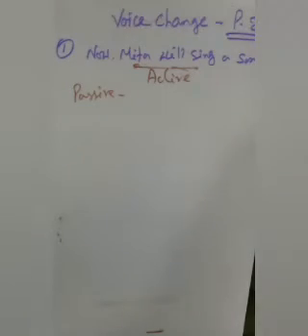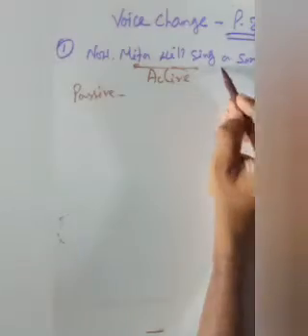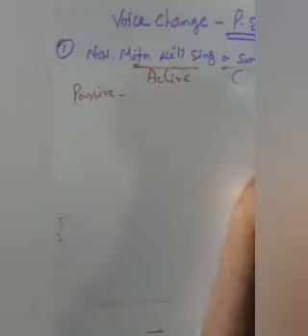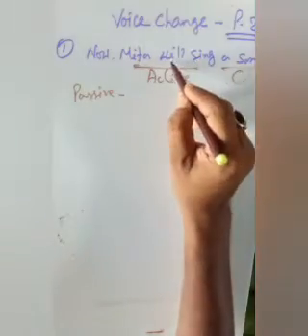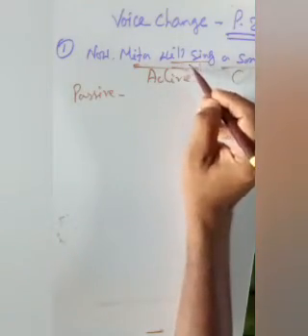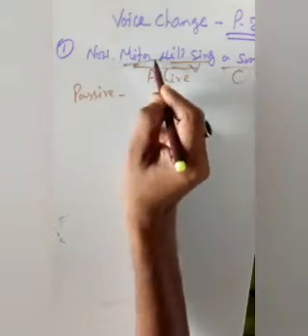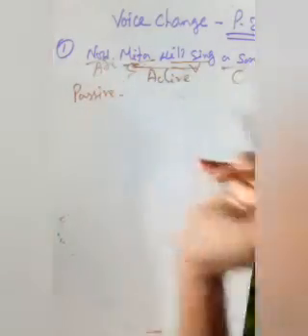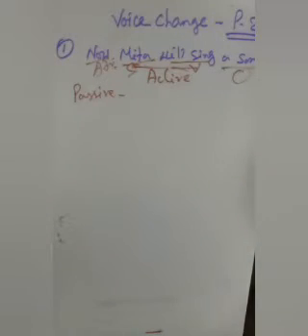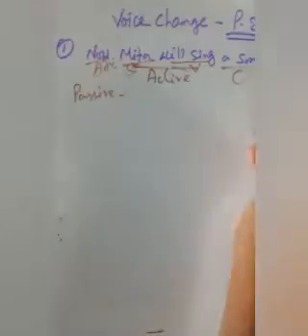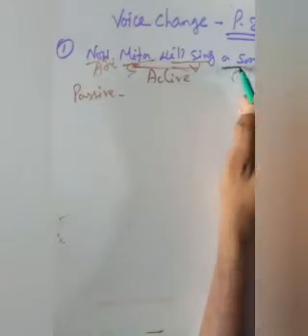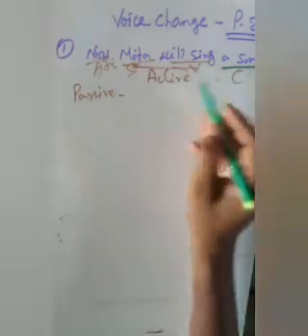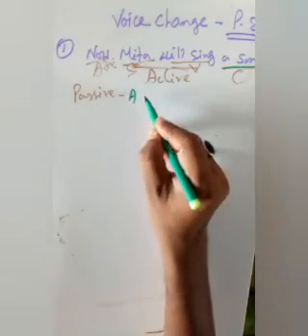Okay, so let's start. A song is the object, will sing is the verb, Mita is the subject, and now is the adverb. When we change it from active to passive, first of all we need to take the object to the subject position. That means a song.